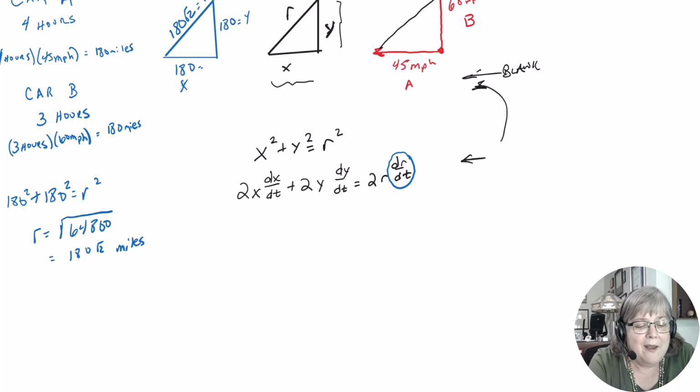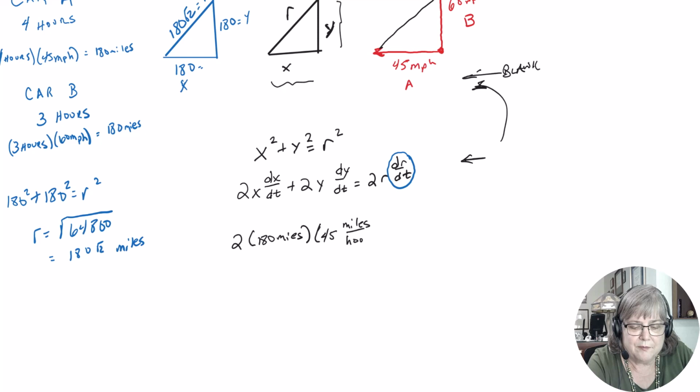Sorry. Here we go. So I'm going to fill it in. So I have my 2. Okay, my x is 180 miles. Then my dx/dt is how quickly I'm moving in the x direction, and that is 45 miles per hour, plus 2.